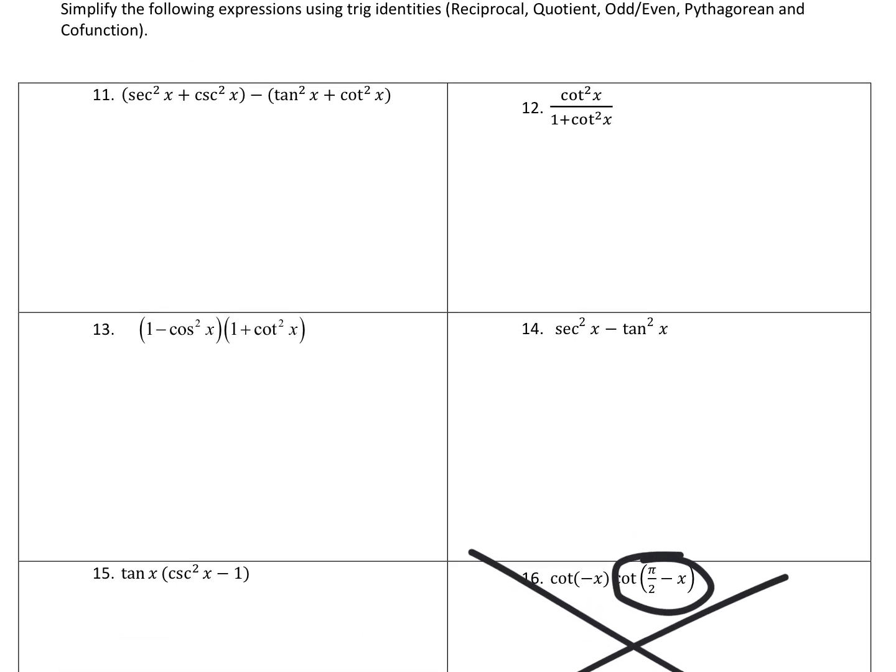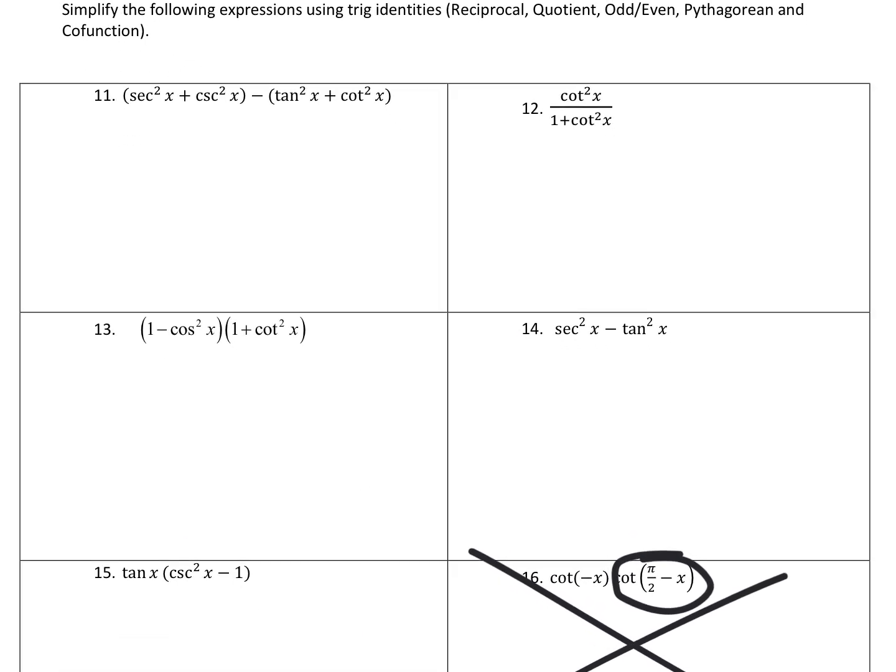Okay, so we're left with those 1, 2, 3, 4, 5. Do you get how rare it is to only have 5 problems assigned for homework? Why would that be, especially with this much time? Because these are hard. These are a challenge. And I really think this is a good one for you to work through with a partner. So I'm going to ask you for the rest of the hour to work together on these.